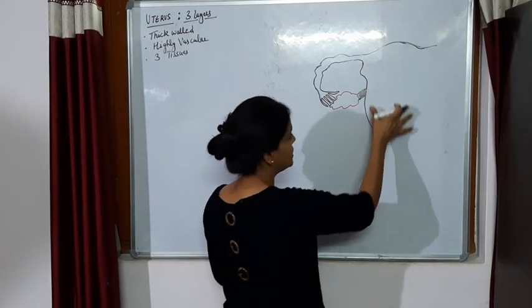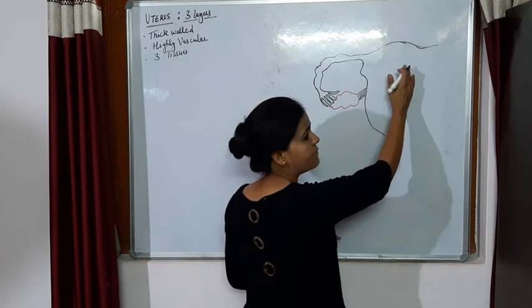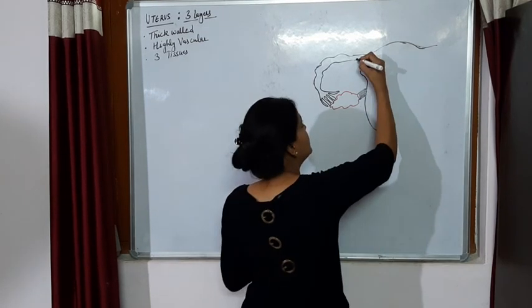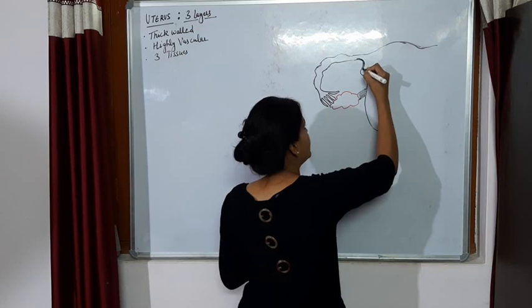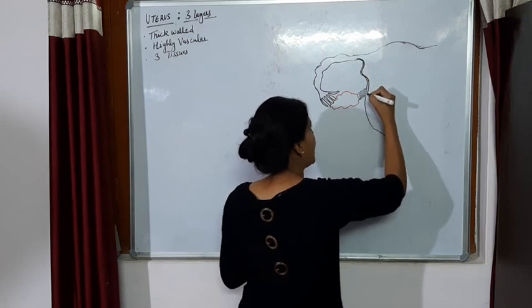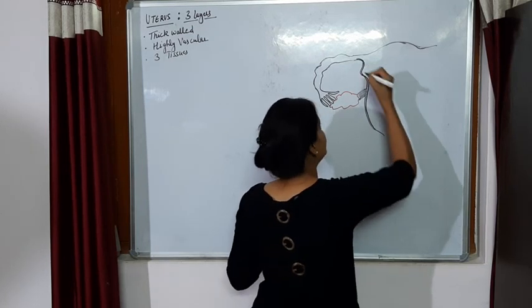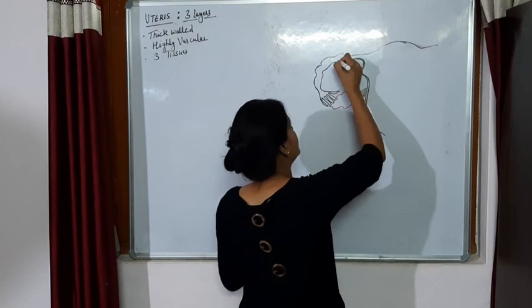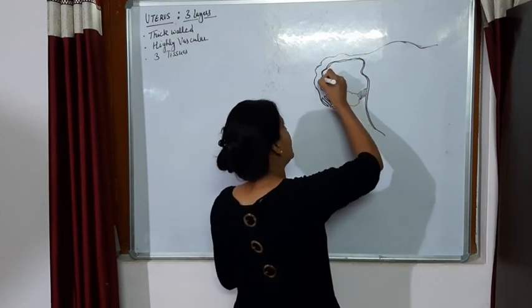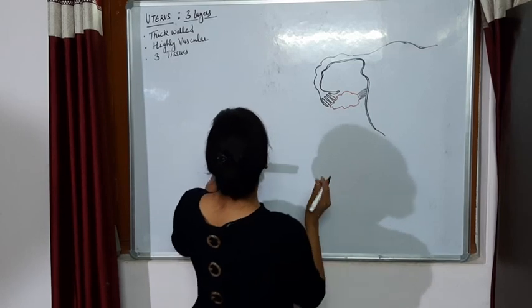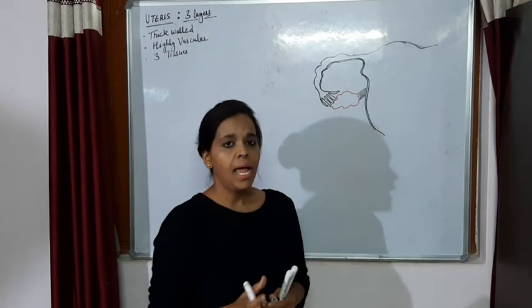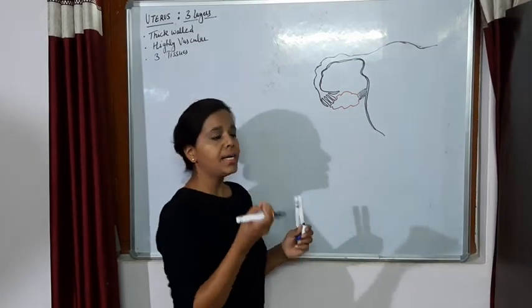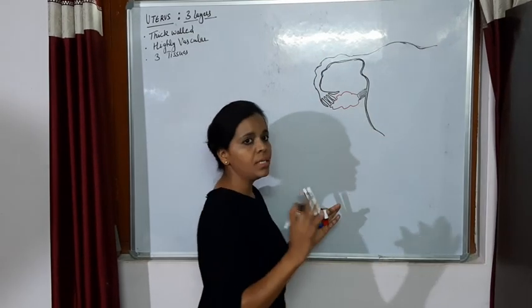So this is the uterus and this is the uterine cavity. Fine. So this layer, right? This in black. I told you that the uterus has a thick wall, is highly vascular and muscular, and it contains three types of tissue.